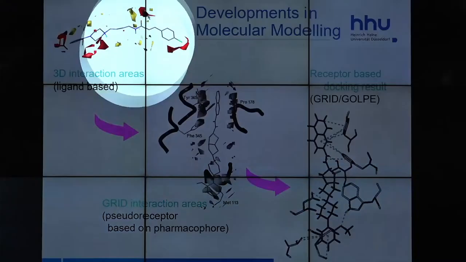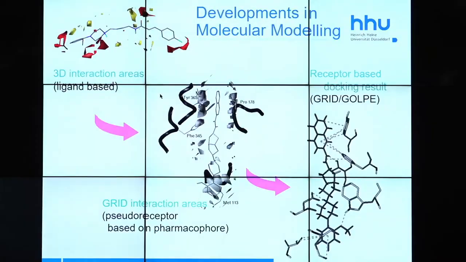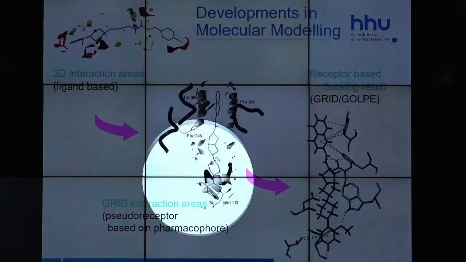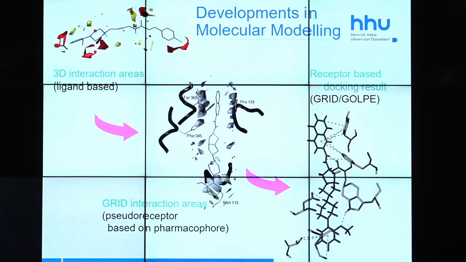Then you make your three-dimensional interaction called grid interaction, and then sometimes people use something like a pseudoreceptor, because they reflect just some important interacting poses, not the whole receptor, and then they calculate the compounds, because it takes much less calculation power when you just have a small element and not the whole protein.